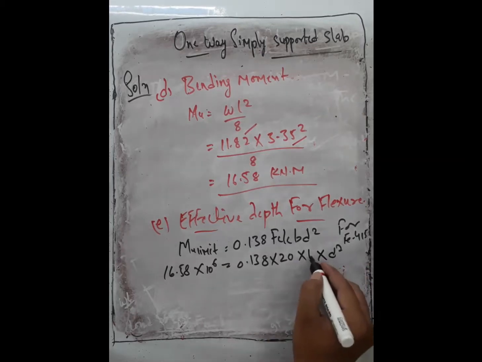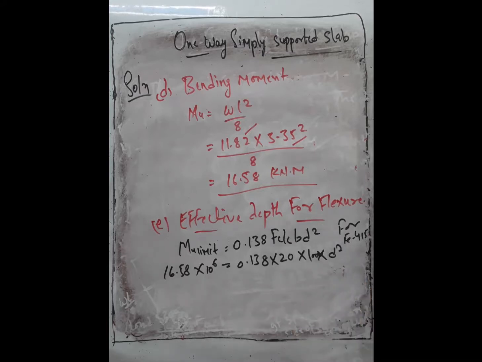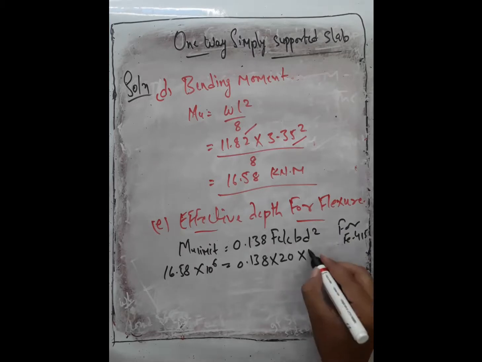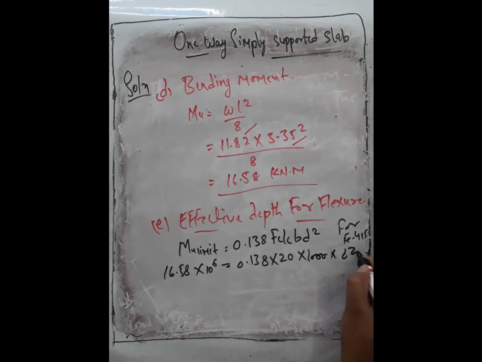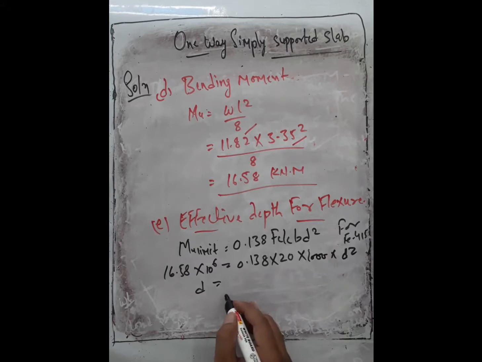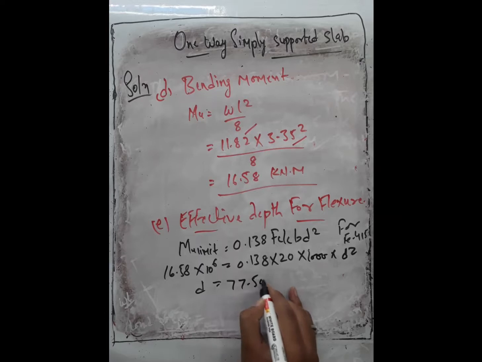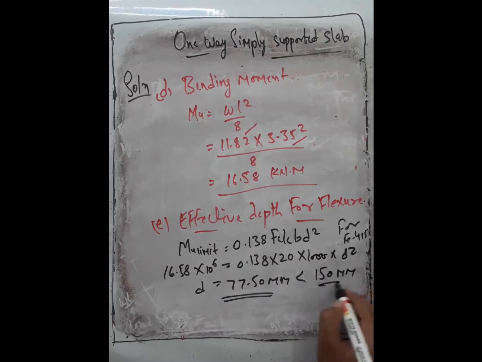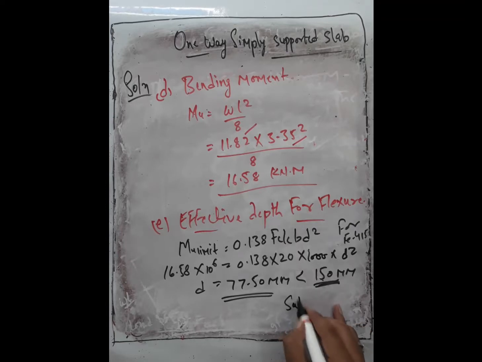Here b is 1 meter, so we write 1000, because we take all equations in mm. Now we have to find d. So after solving this equation we get 77.50 mm as the effective depth, and we have provided 150 mm depth. In previous steps we found that small d is equal to 150, then it is safe.